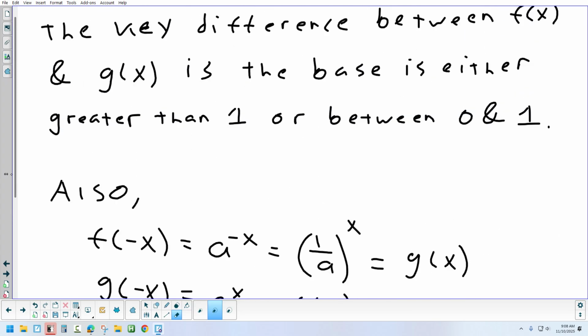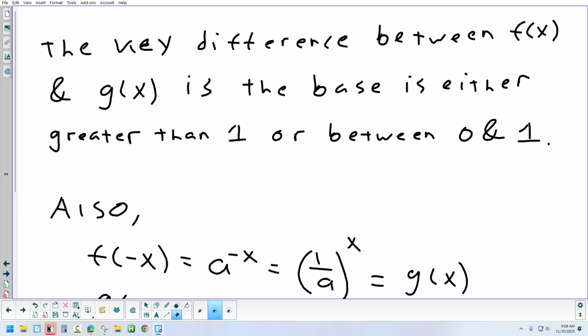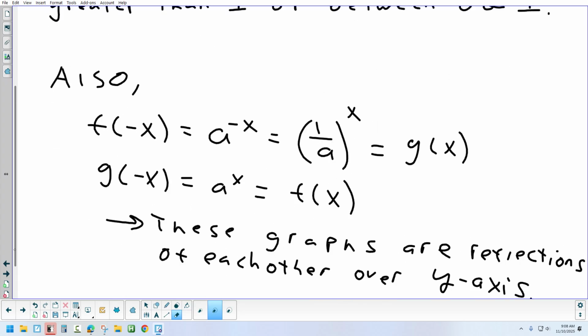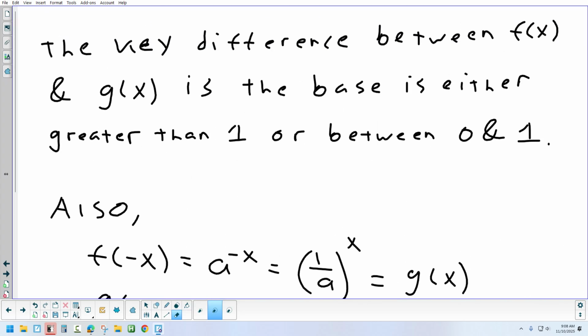Growth and decay functions are reflections of each other over the y-axis. And that's assuming you're comparing two graphs that have the same a value, like 3 to the x and 1/3 to the x, or 10 to the x and 1/10 to the x. But that's all you have to write down, it's just the reflection piece.